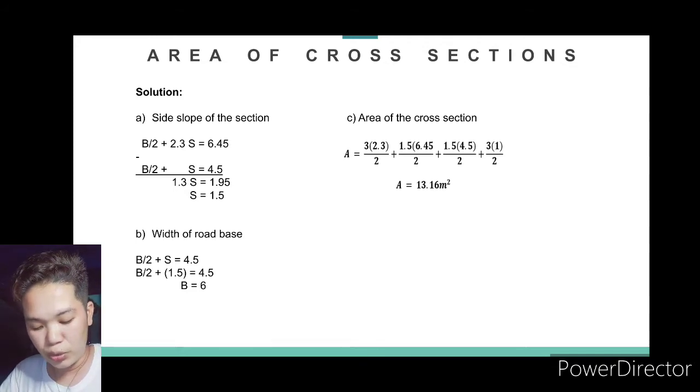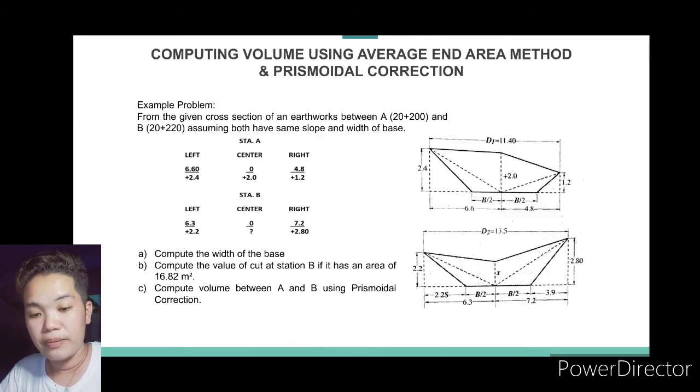And for section 2, the base is 1.5 and the height is 6.45. And for section 3, the base is 1.5 and the height of the section is 4.25. And for section 4, the base is 3 and the height is 1. So the area of the cross section is now equivalent to 13.16 square meters.